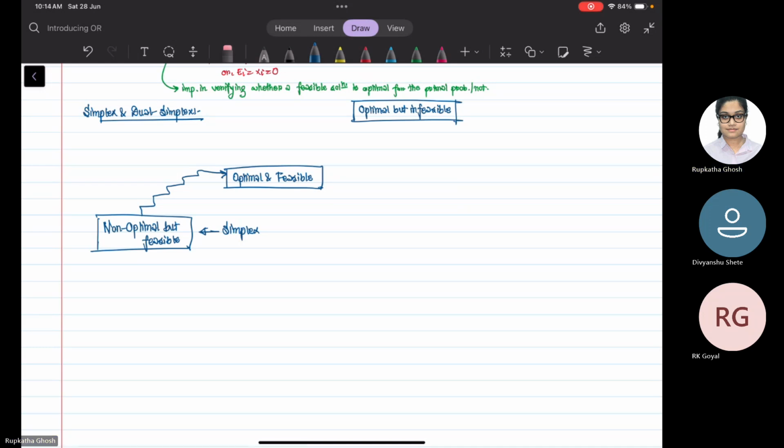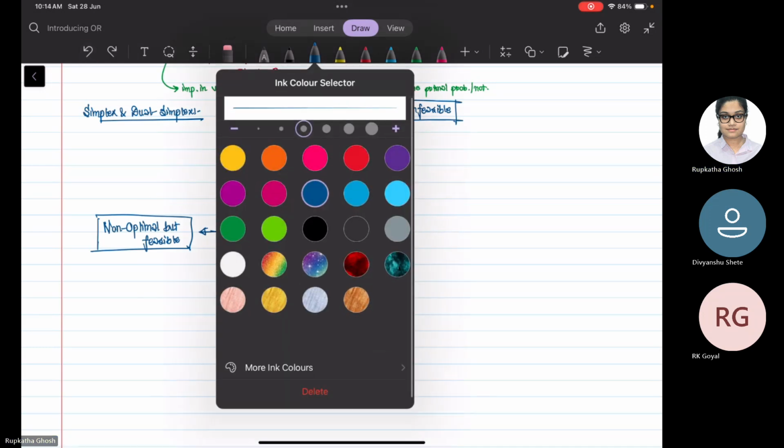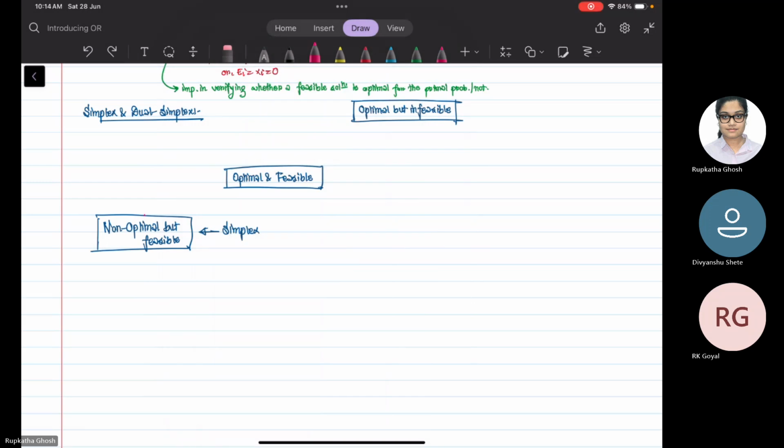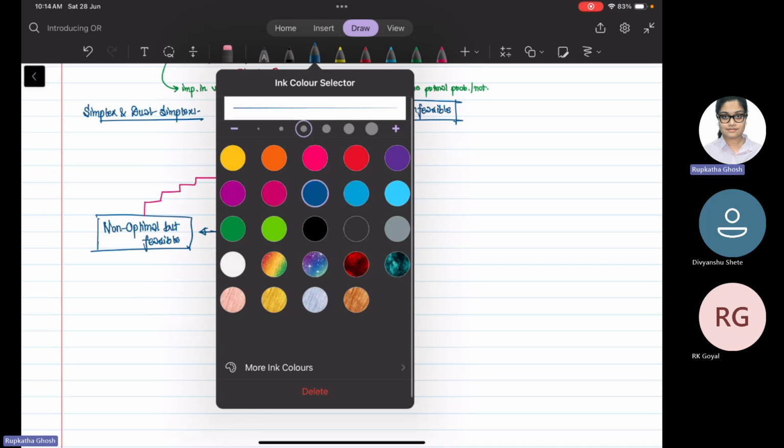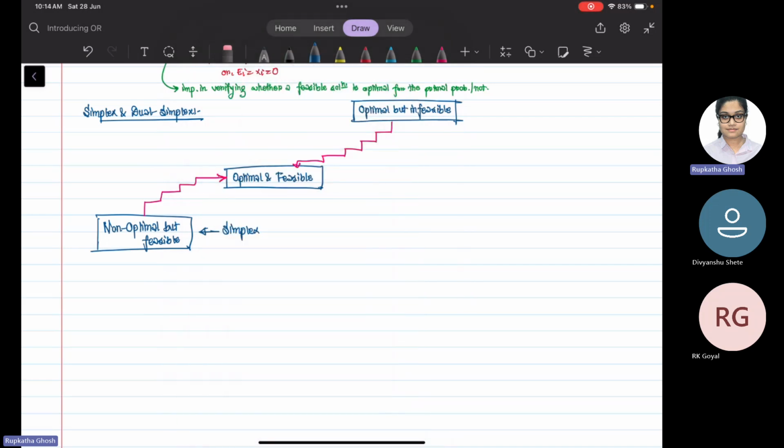But your optimal but infeasible solution, say it will start and finally reach the optimal solution. So here is where your dual simplex starts.